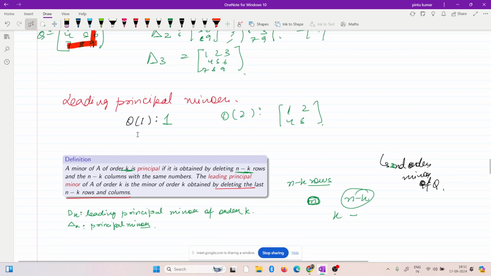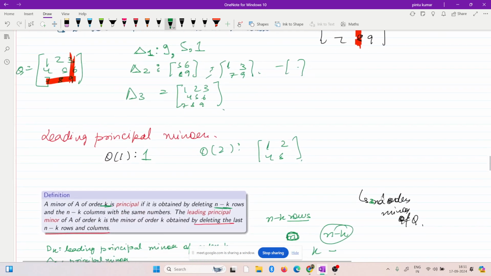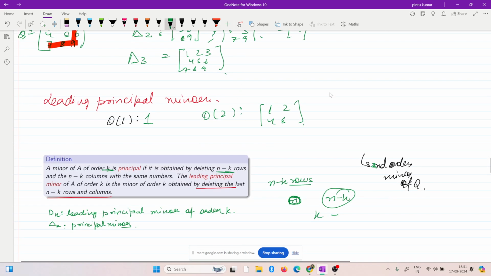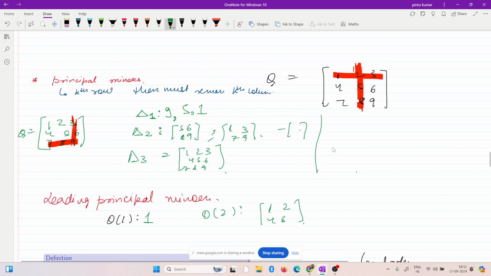Now I have defined what minors are. The term that I am interested in is the determinant of these minors. This delta that I introduced, I said that I am using an abuse of notation. The quantity that I am interested in is the determinant of these values.